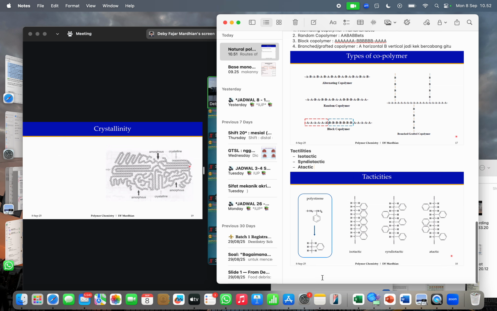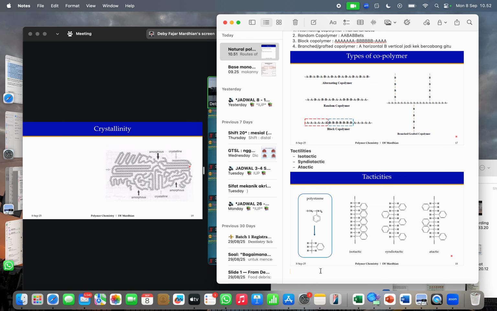Yeah, crystallinity. So no material in the world can reach 100% crystallinity, including metals and glasses. They contain a small portion of amorphous constituent in their bulk material.